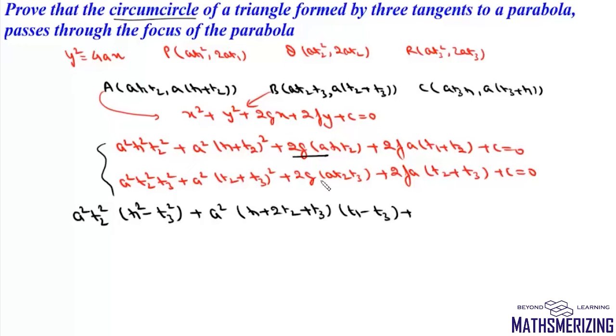In the same way here we can take 2ga t2 common and we'll write it as (t1 minus t3), plus 2fa times again (t1 minus t3) equals 0. Now here we'll take a(t1 minus t3) common.